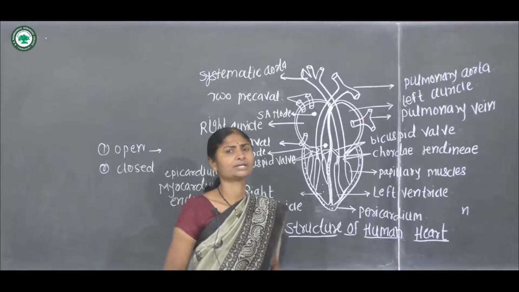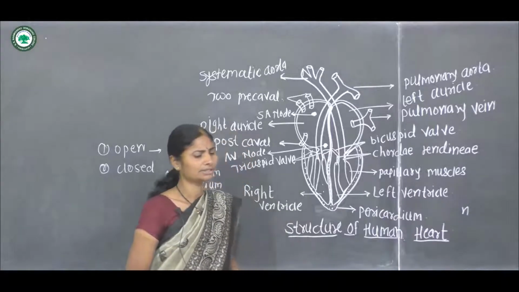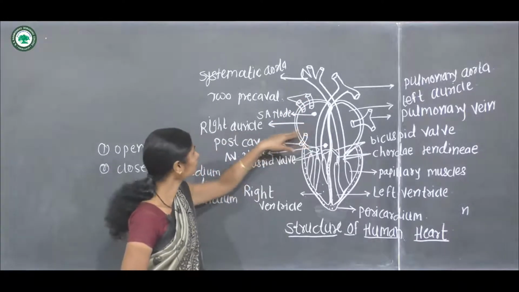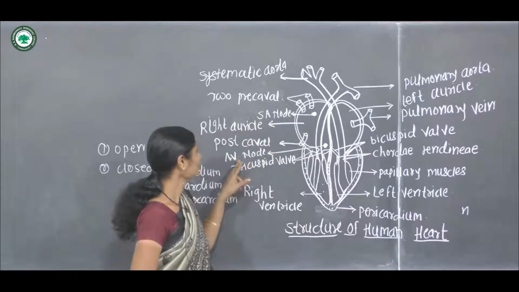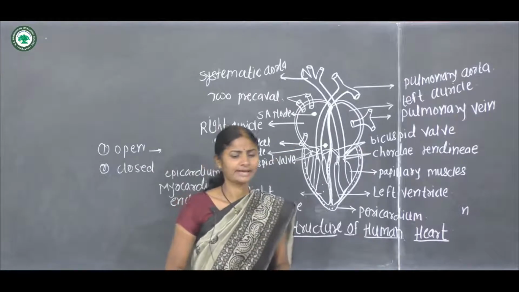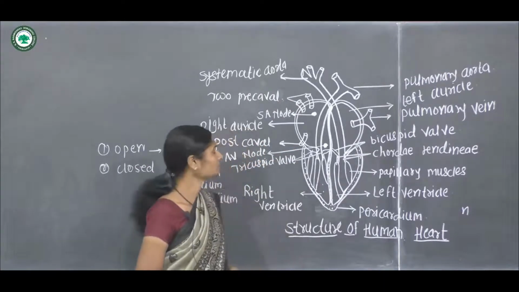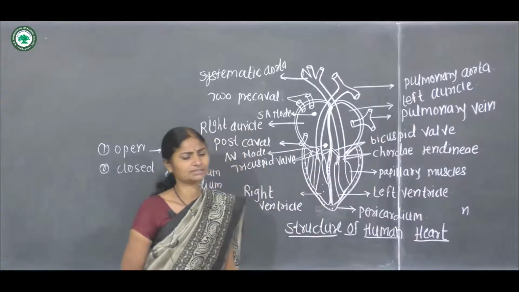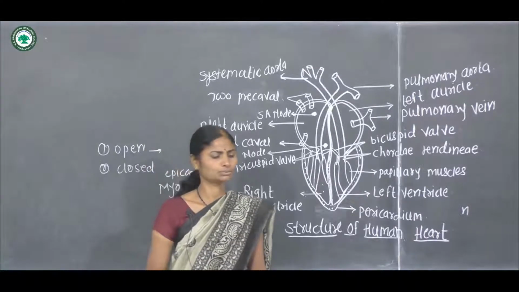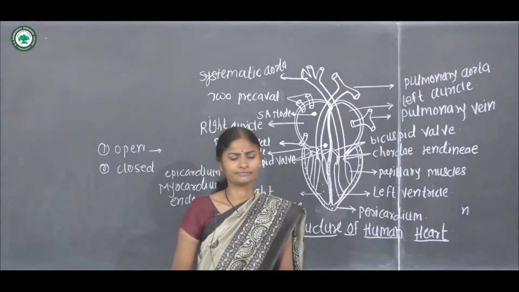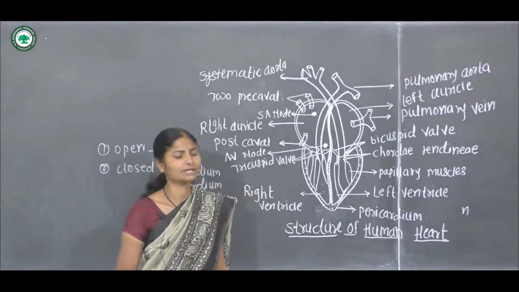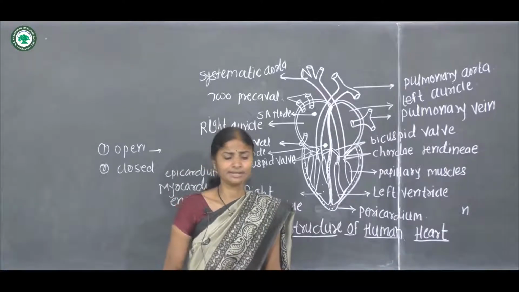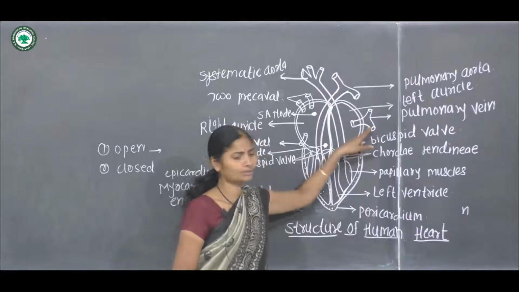The right auricle receives deoxygenated blood through three veins, namely the superior vena cava, inferior vena cava and coronary vein, and the left auricle receives oxygenated blood from the lungs through the pulmonary vein.